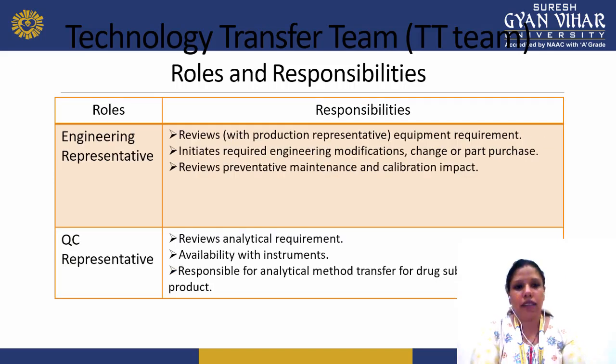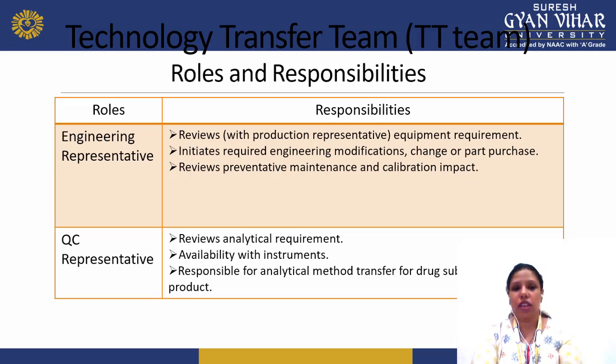Next thing related to this is engineering representative and QC representative. The engineering representative's responsibility is reviews with production representative. It reviews the equipment related to the production. Then it initiates the required engineering modifications and changes or part purchase.